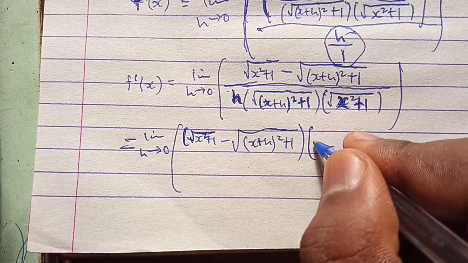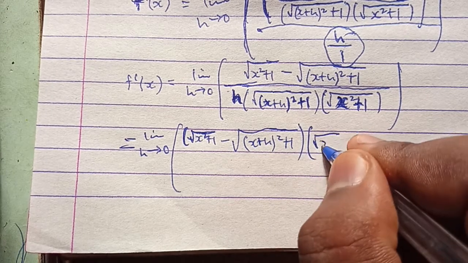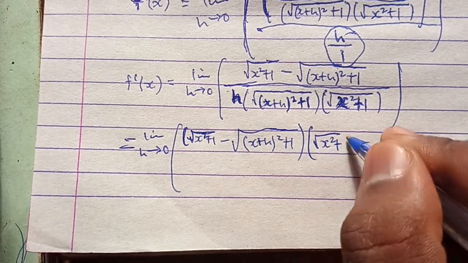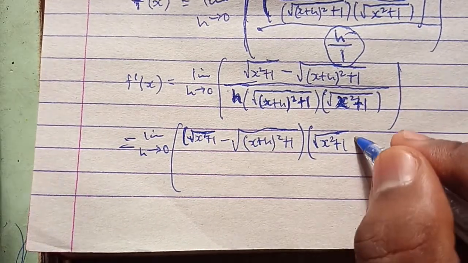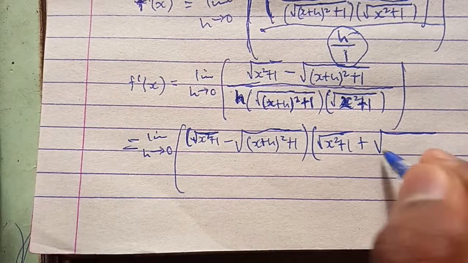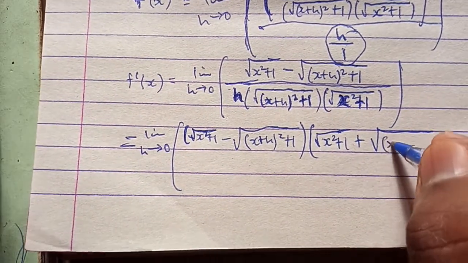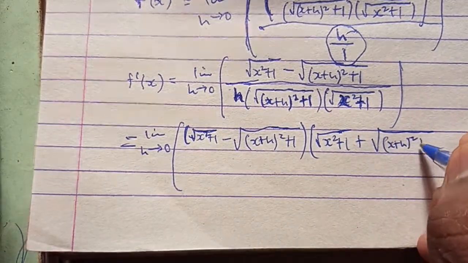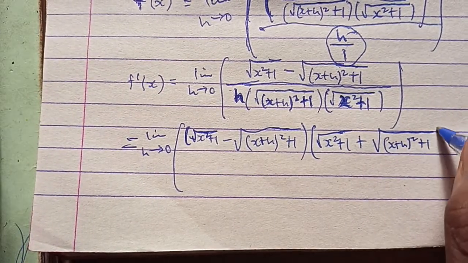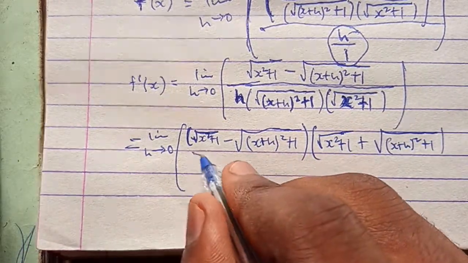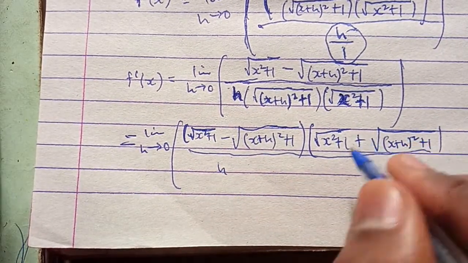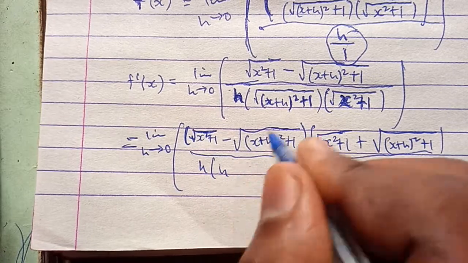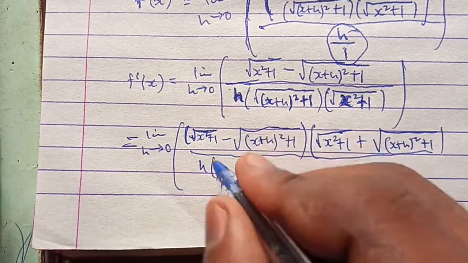We'll have it as square root of x squared plus 1, then the conjugate of this will be plus square root of bracket x plus h squared plus 1, then close the bracket, that one all over h, multiplying by the same conjugate.